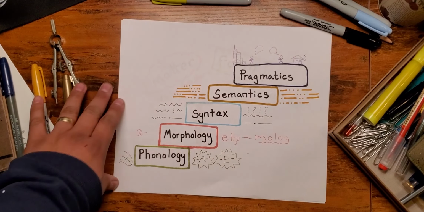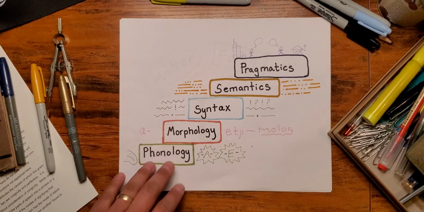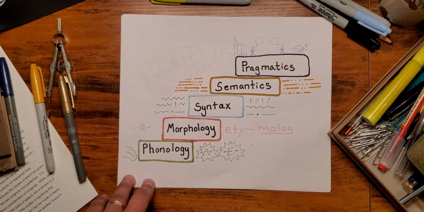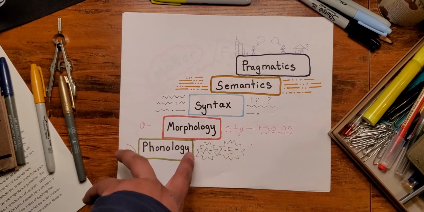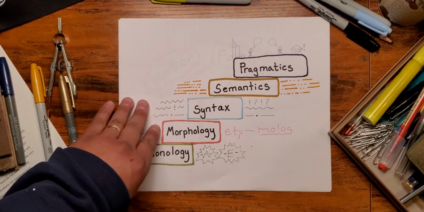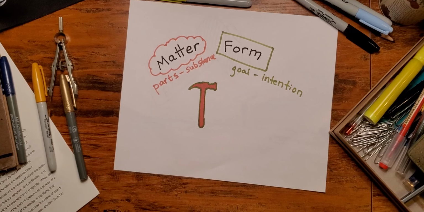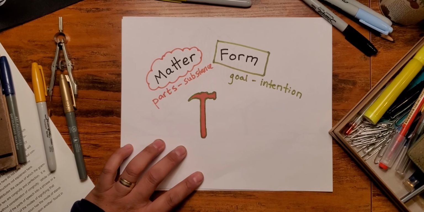So this is a good beginning, but I don't think it's the whole story, how each of these parts is ordered to one another. I don't think it's as discrete blocks separated by space or time. Let me propose something more like this: matter and form. Consider a hammer.